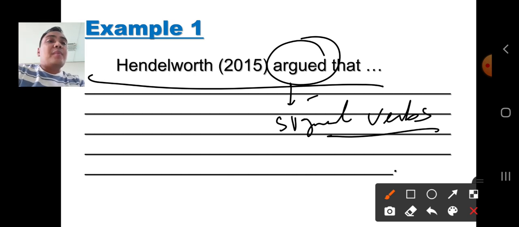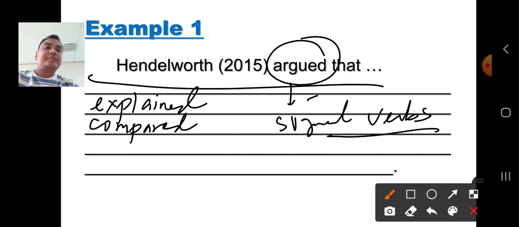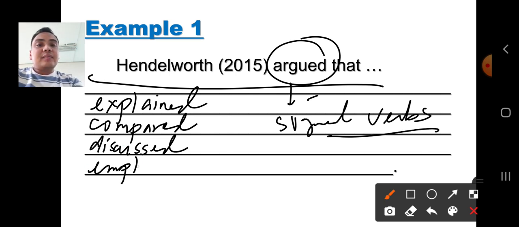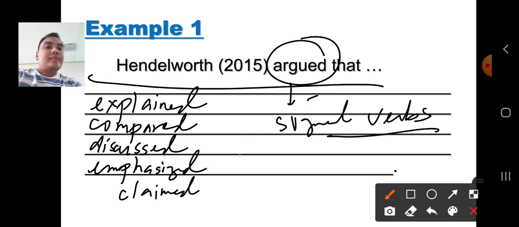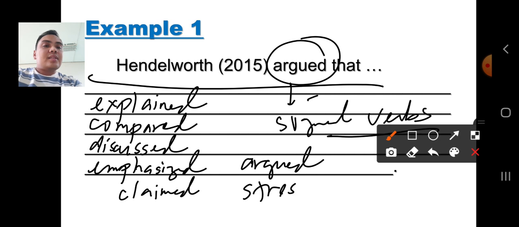So aside from the verb argued, we have explained, compared, discussed, another one, emphasize, claimed, argued, stressed.